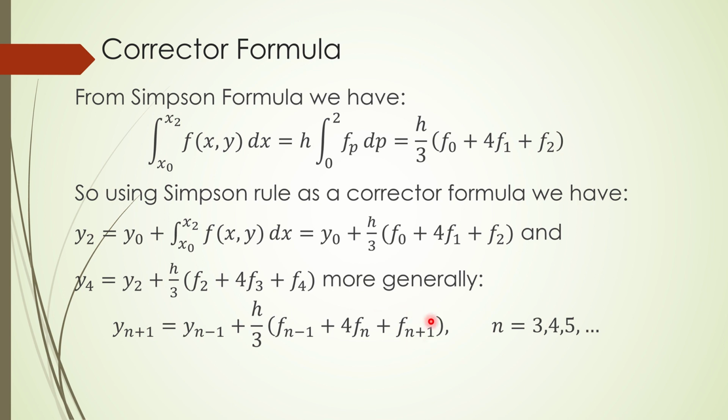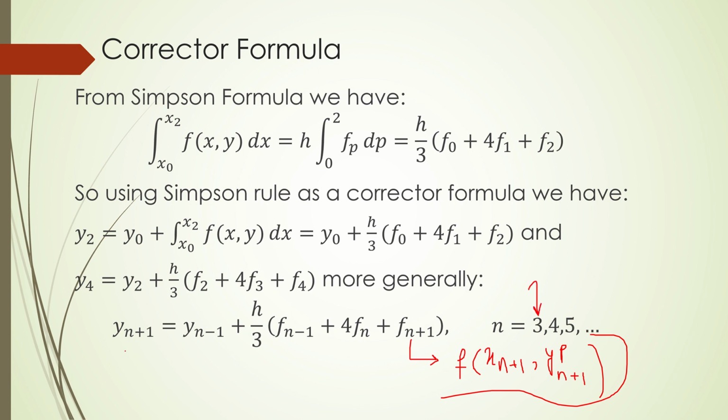Keeping in mind that this f(n+1) is the implicit part now, because f(n+1) is equal to f of x(n+1), and y(n+1), which is obtained from the predicted part. This is basically the predicted value, so we'll be using the predicted value here in f(n+1). Again, we start from n equal to 3.